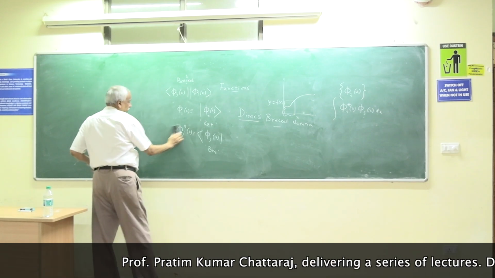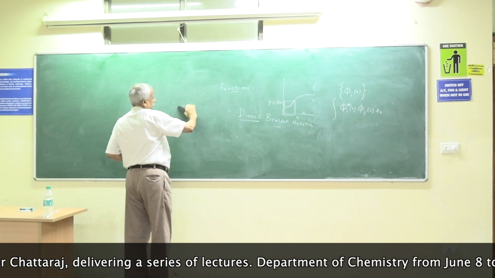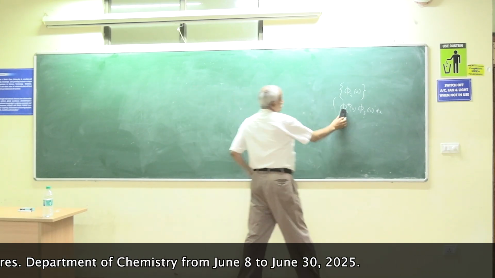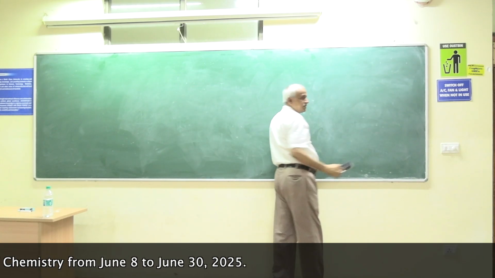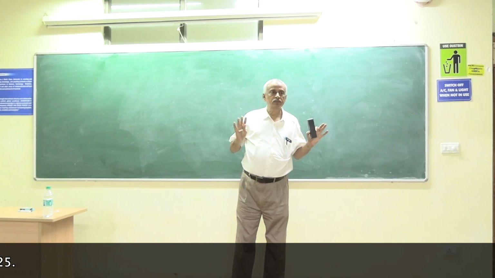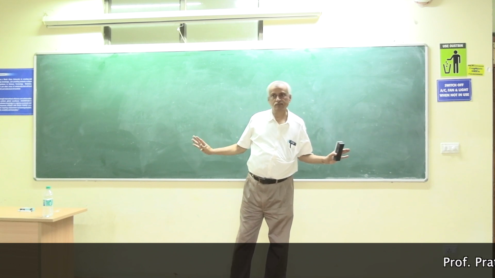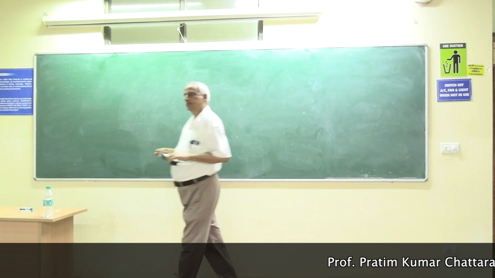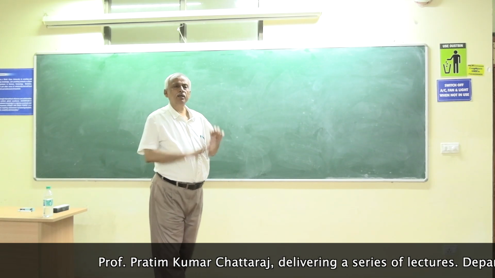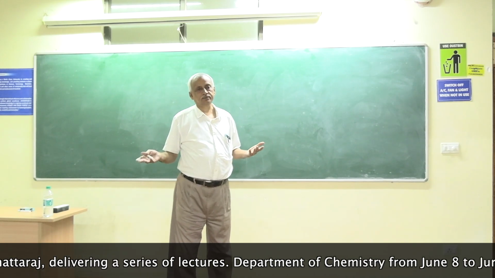So now you have, let's say, a complete orthonormal basis set. Or precisely, a complete set of orthonormal basis functions. If you have a complete set of orthonormal basis functions, any arbitrary function can be written as a linear combination of those basis functions.